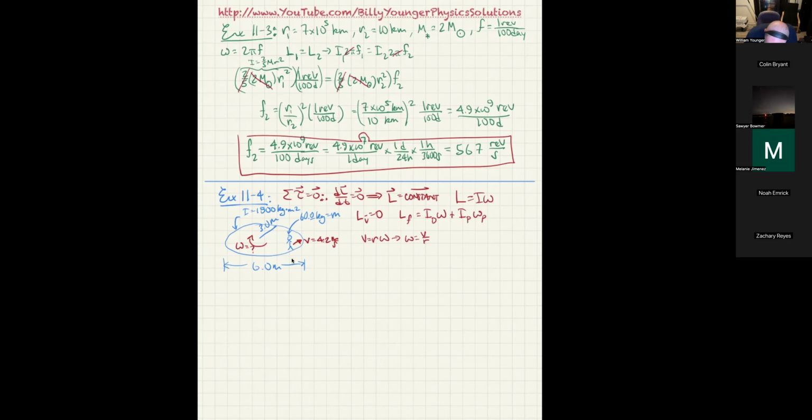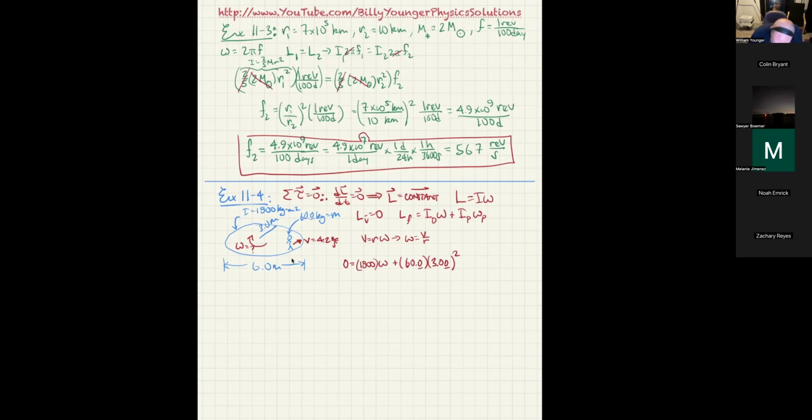So what we now have is 0 is equal to the moment of inertia of the disk, which is 1800. I'm going to leave the units off for the same reasons we've been talking about. The omega of the disk is just going to be plain omega, and that's what we're looking for. The moment of inertia for the person is going to be 60.0 kilograms times the radius, which is 3.0 meters squared, so that's m r squared, times the angular speed, which is the velocity divided by r.